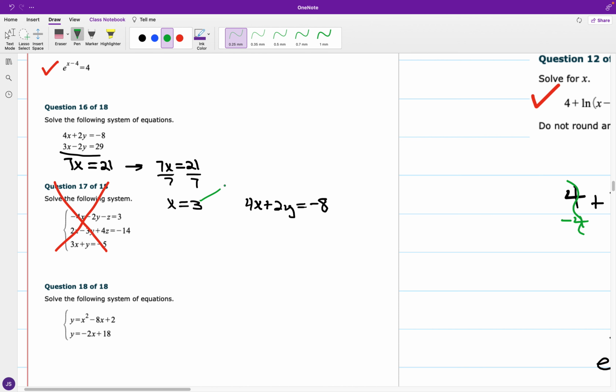Okay, so if I plug in 3 for x, we have 4 times 3, which is 12, plus 2y is equal to negative 8.